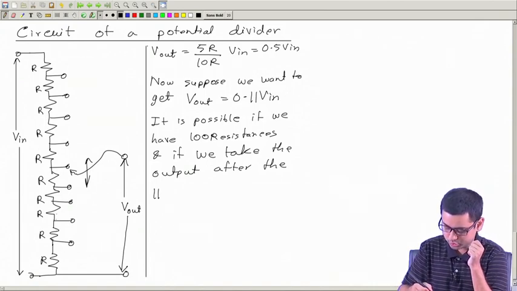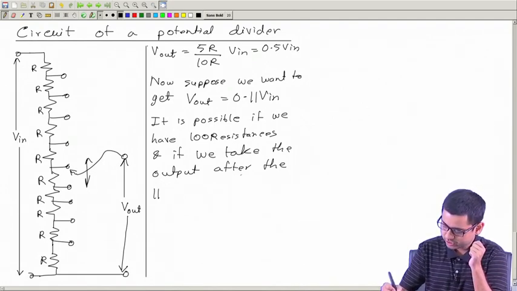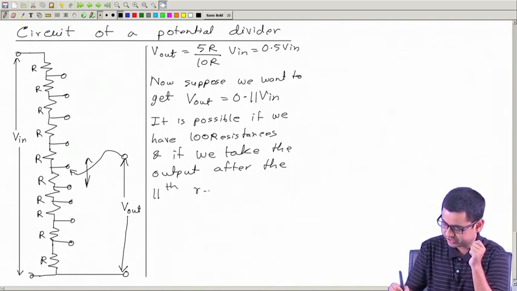Count 11 resistances out of the total 100, put the jockey there, and you can get exactly 0.11 of V in.